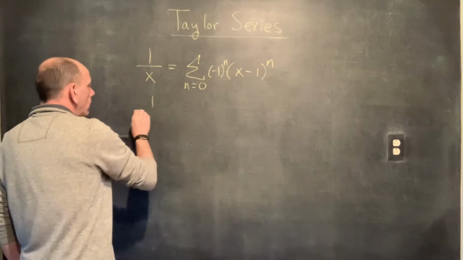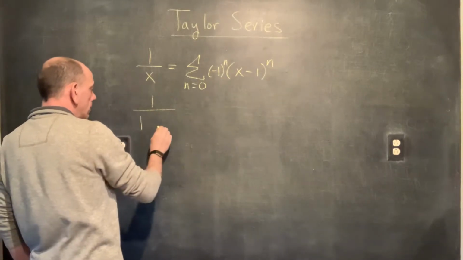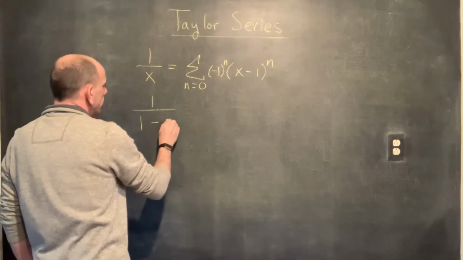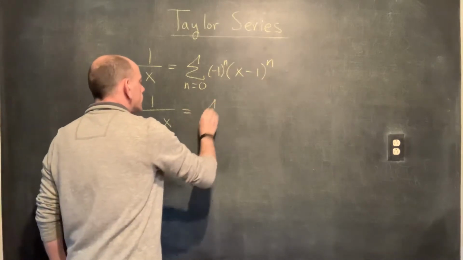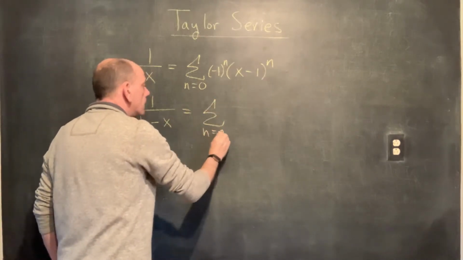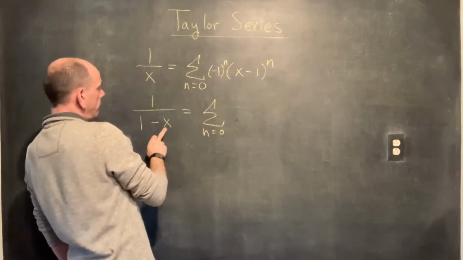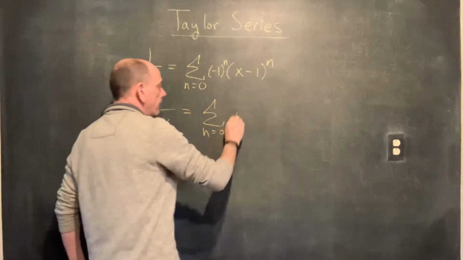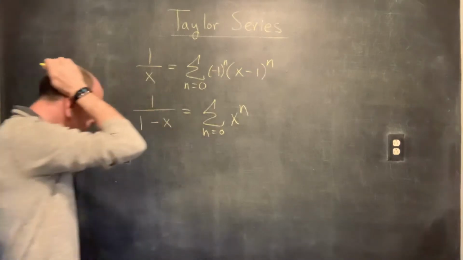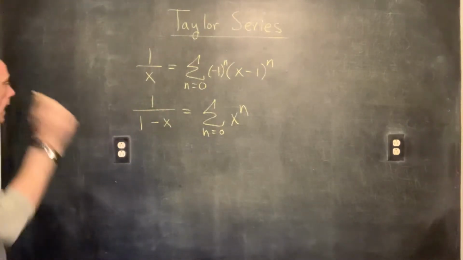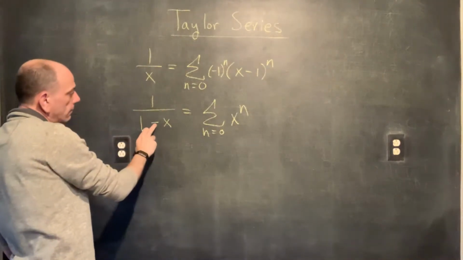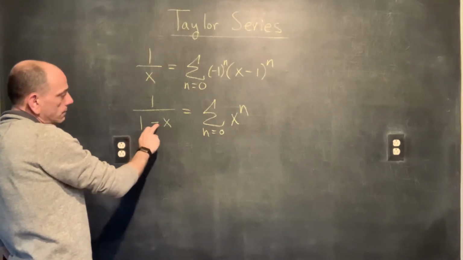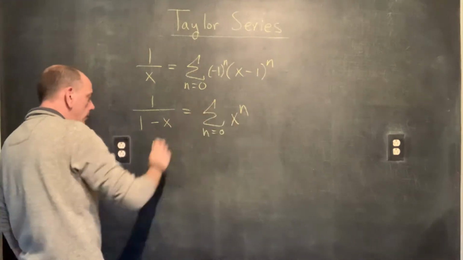But 1 over 1 minus x, let's just do that one. That one's the simplest one on the series side, right? Because we already have A over 1 minus r. R is just x, so we just have x to the n here. And then substituting, if this was a plus, we just make it minus x, and then we have the minus 1 to the n.